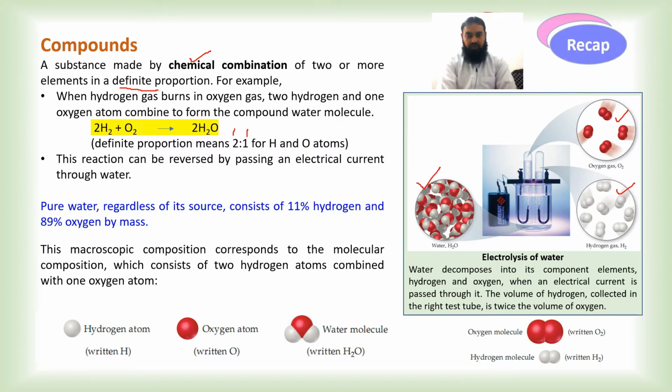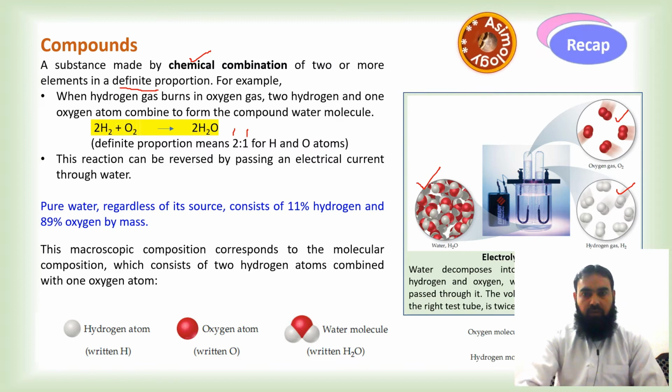You will get 11% hydrogen and 89% oxygen by mass from the electrolysis of water, and this ratio can be obtained theoretically from the stoichiometric equation. How to calculate this ratio by mass, I will show you in another video.